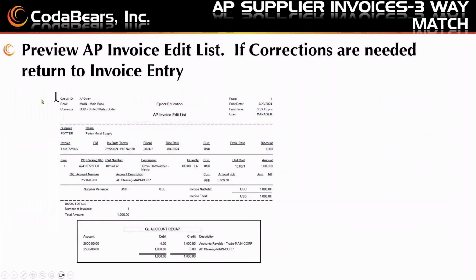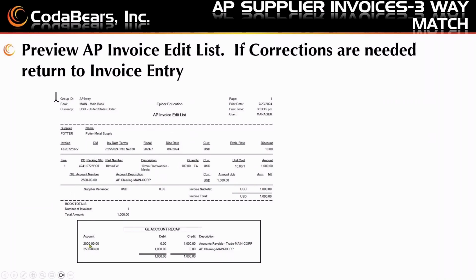After that, I always suggest you do a print preview and AP invoice edit list. This way you can take a look at corrections before they're made. You can see here we've got all the information for our test invoice. We actually entered a discount on this one of $10, and we have an amount of $1,000 here.